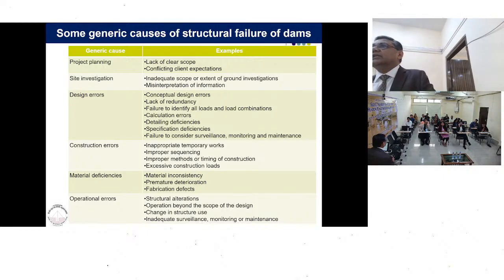Your borehole investigation, your geological investigation. And in case the investigation is done through an agency which is not even able to drill a good borehole, you will get different types of geological information.